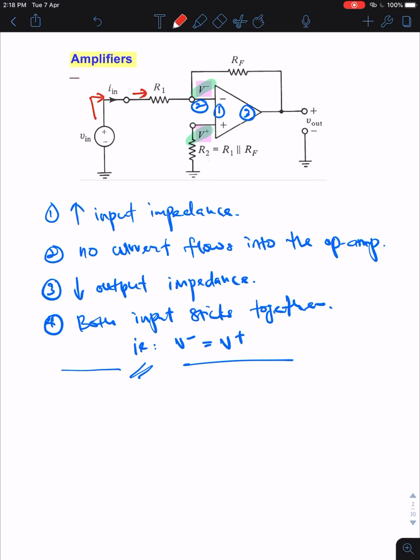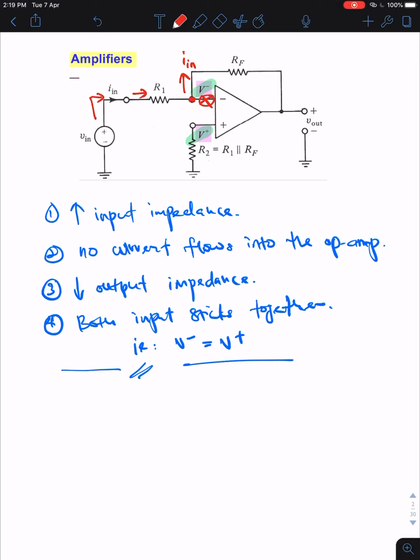At the junction here it goes upwards, and there is no current that flows into the op-amp. So the current going up is also I in.